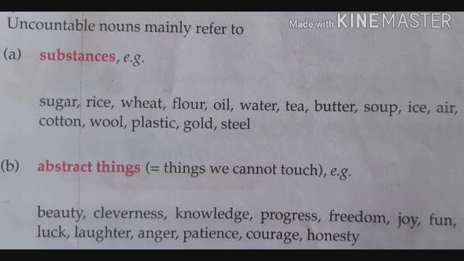Abstract things are things which we can only feel, not see or touch: emotions, feelings, ideas, thoughts. Beauty, cleverness, knowledge, progress, freedom, joy, fun, luck, laughter, anger, patience, courage, honesty. These come in the category of uncountable nouns.